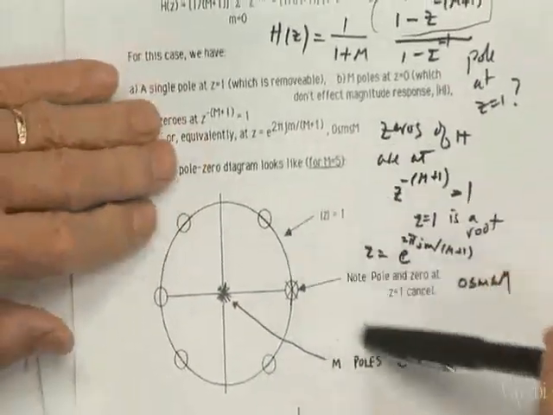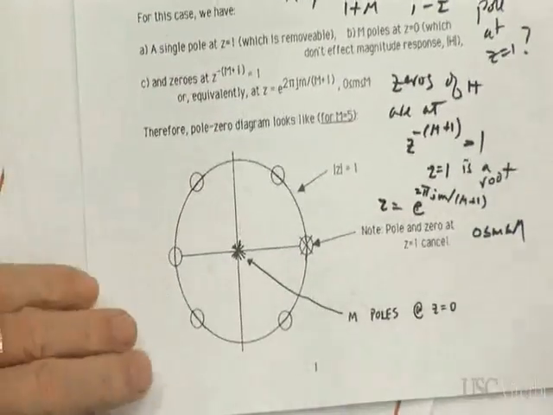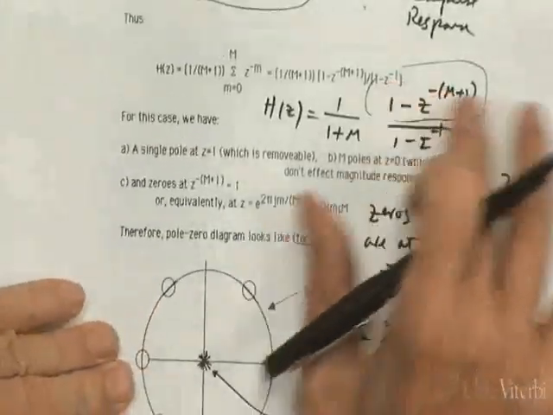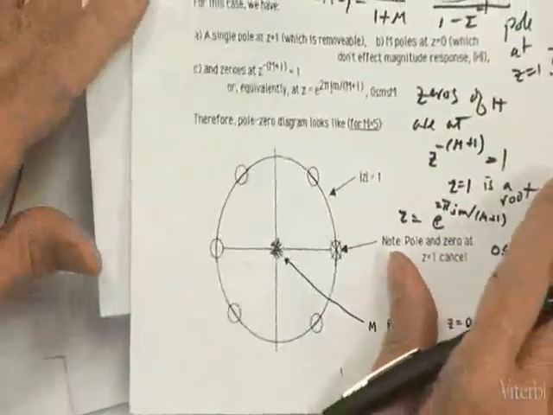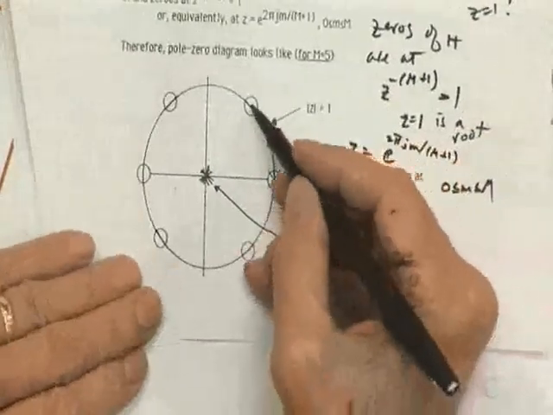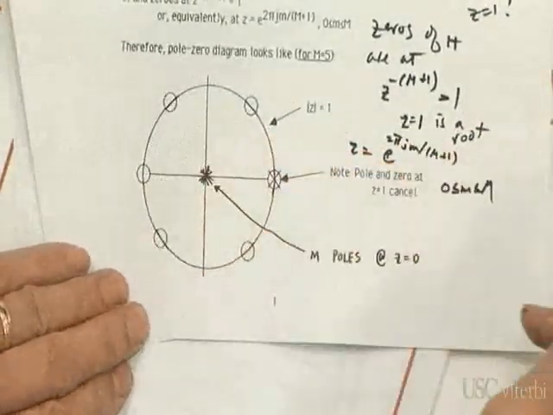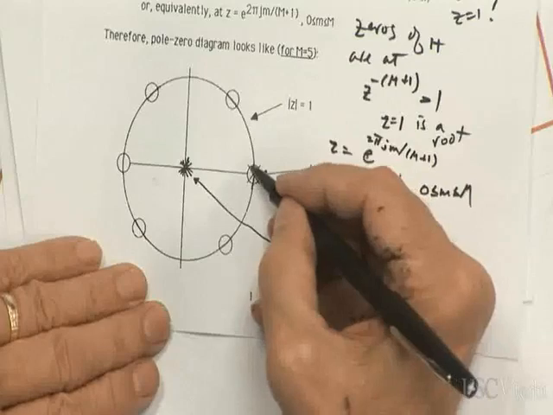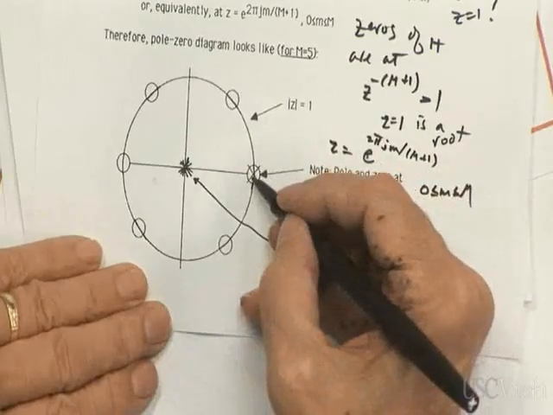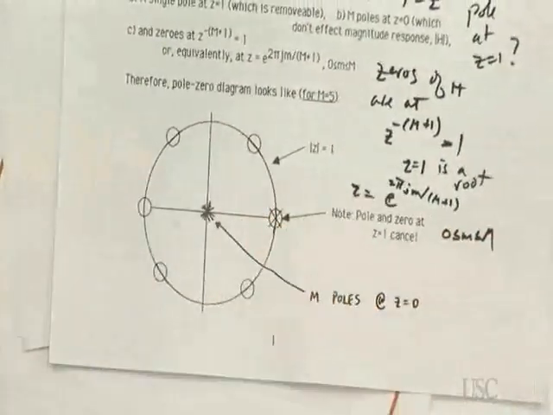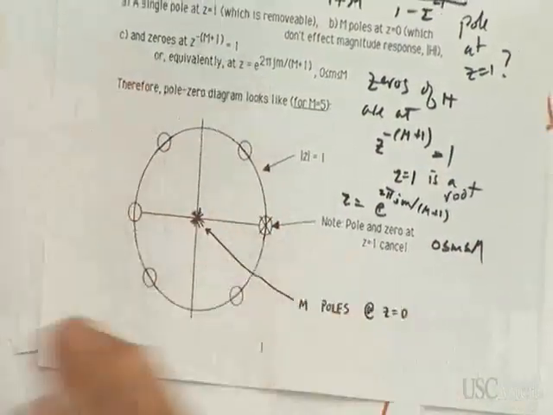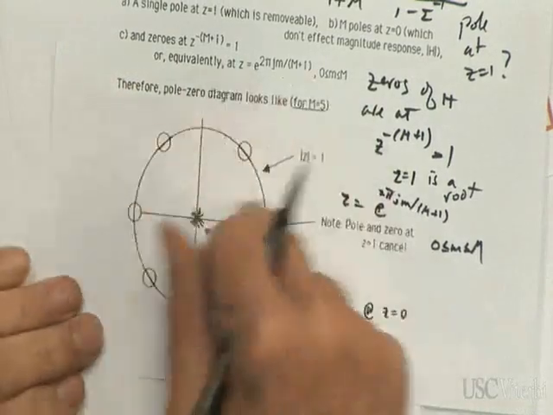So you're getting all these roots of unity, and there are multiple roots. Just because you see this and you know z equal 1 is a root, there are more. I've drawn all of the zeros of this H of z, and they're all located around the unit circle. And yes, indeed, there is one right at z equal 1, and that cancels the pole. So you do get that pole and zero cancellation, but the rest of the zeros remain. And then you get a whole bunch of stuff at z equals 0, okay? So that is that.